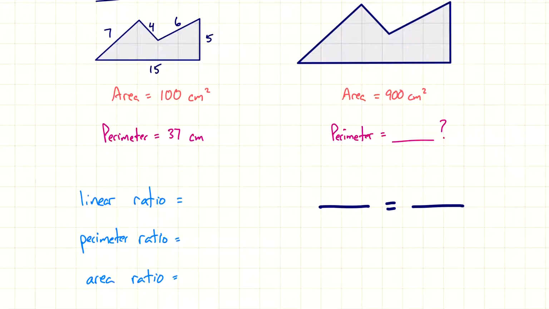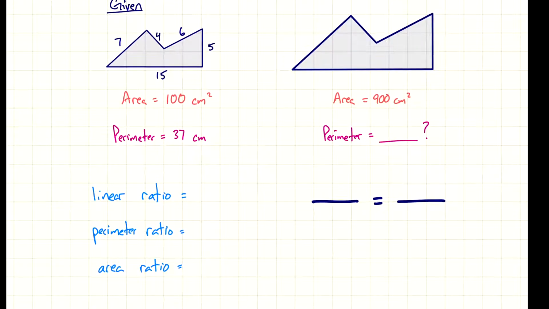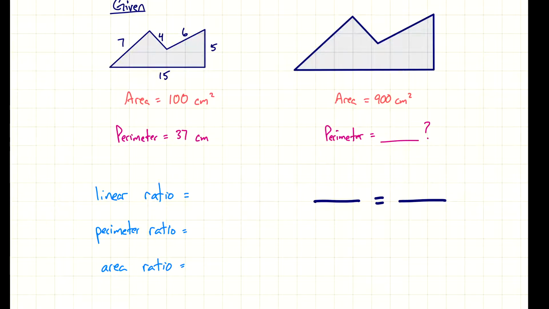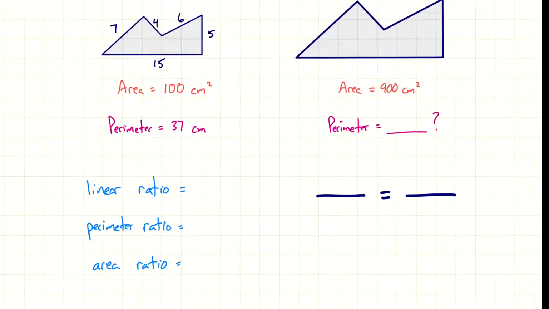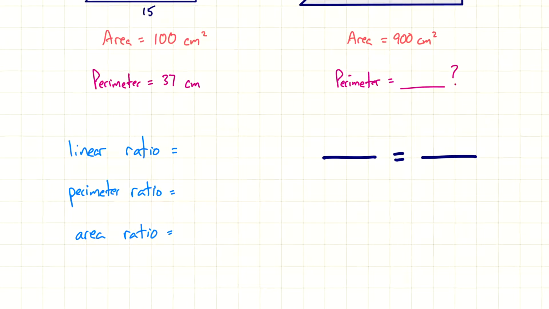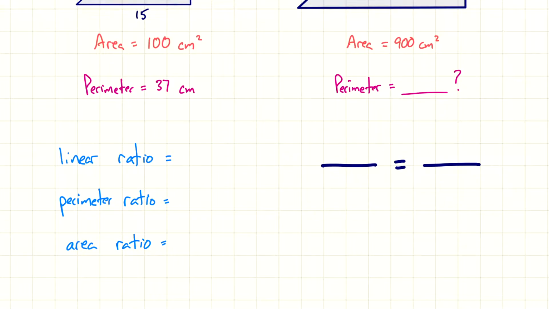Because in the previous examples we kept doing small over large, let's keep it the same. If I use the small area, which is 100, over the large area, which is 900, we reduce this and it will give us 1/9.